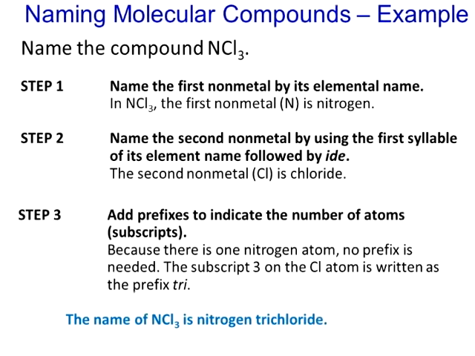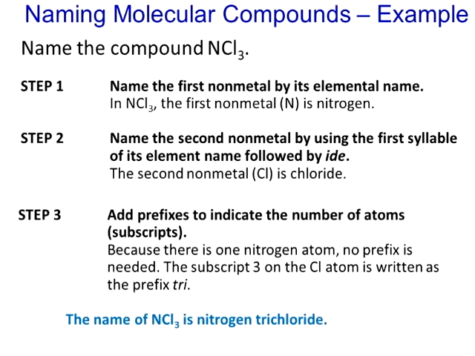Then, name the second nonmetal by using the first syllable of the element's name followed by "ide." In other words, you're going to put IDE again on them. Got it? So that's the other part. So you're going to have, in this case, chloride. So we know we at least have nitrogen chloride.